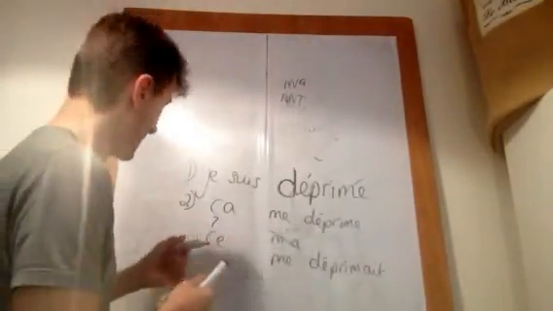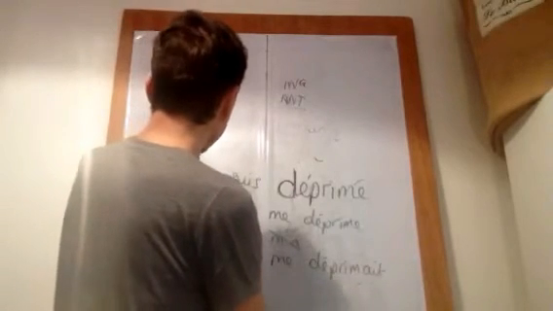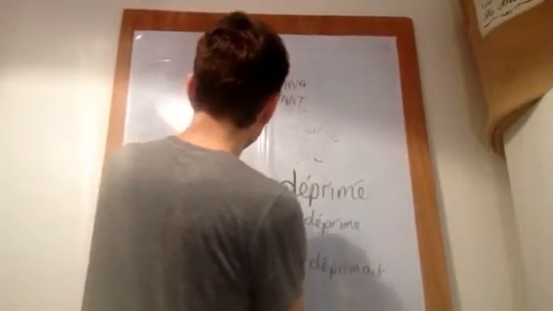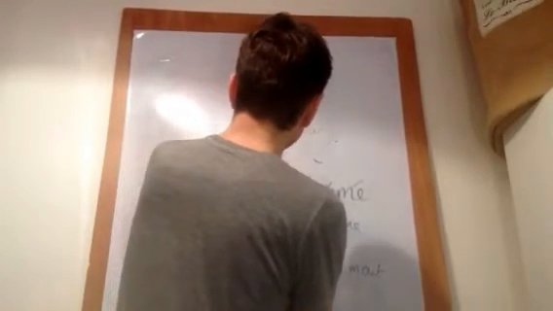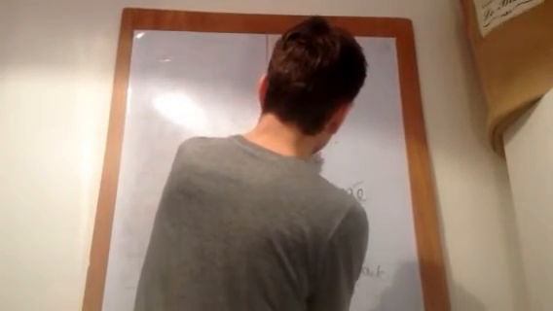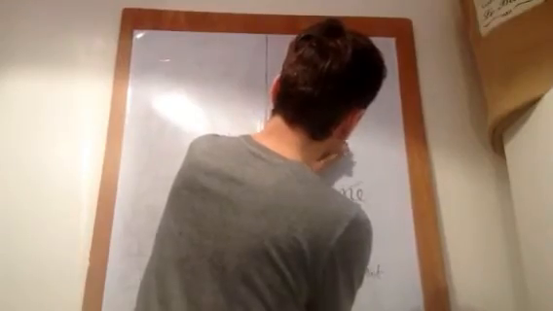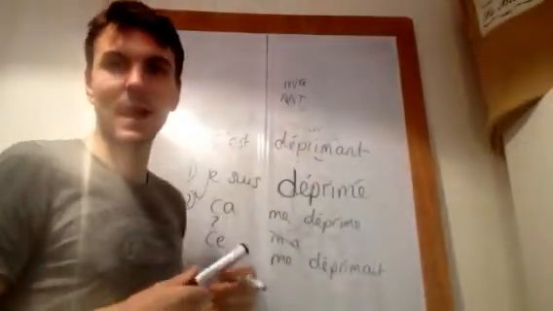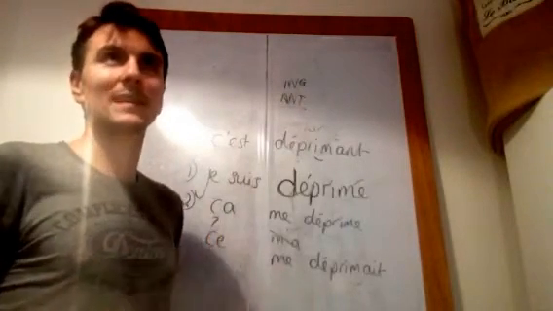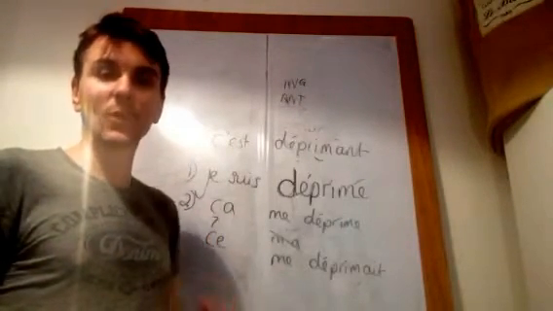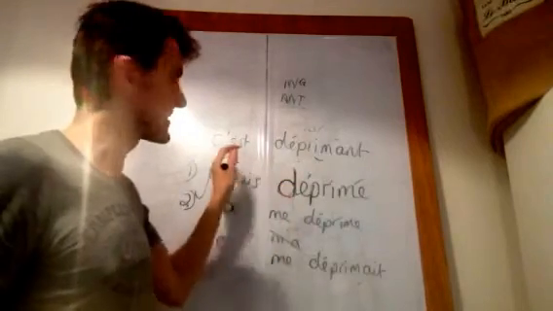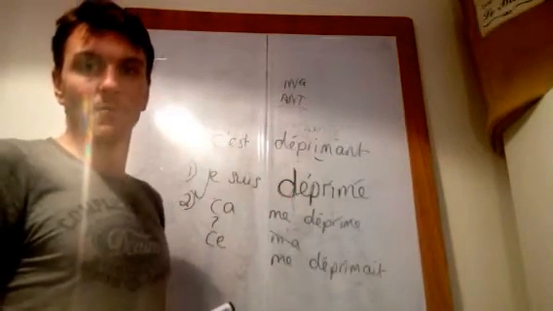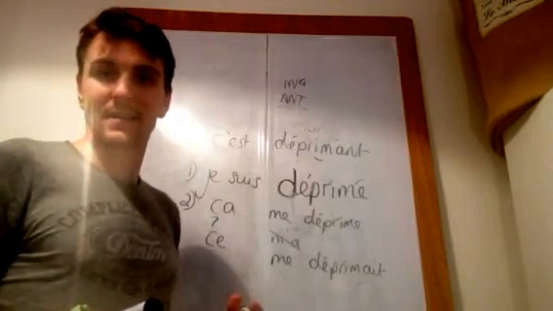So our fourth one would be, it's depressing, c'est déprimant. So when we're saying it's depressing, we're obviously using the verb to be. We could change this tense. It was depressing, c'était déprimant. It will be depressing, fine, anything could happen.